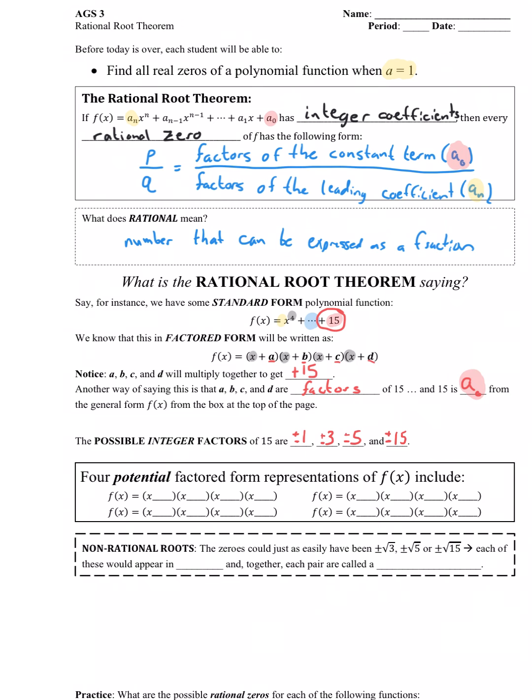Or positive 3 times positive 5 equals positive 15. So in reality, there are 8 possible factors of 15 if we consider the positive and the negative answers. 8 possible factors of positive 15. Okay?